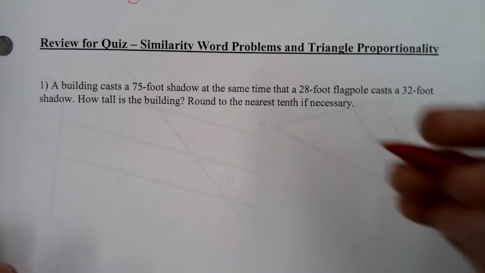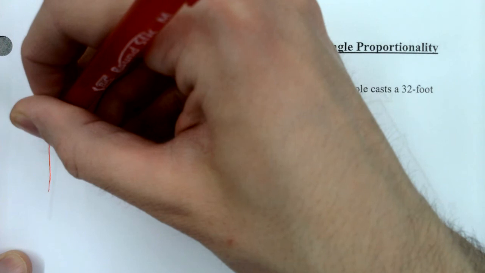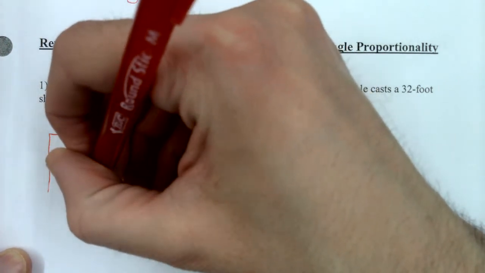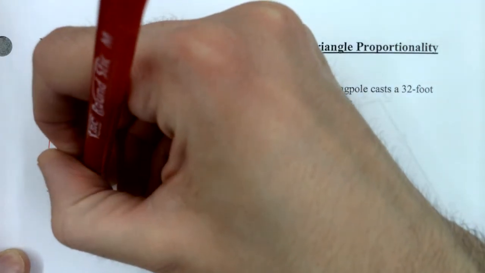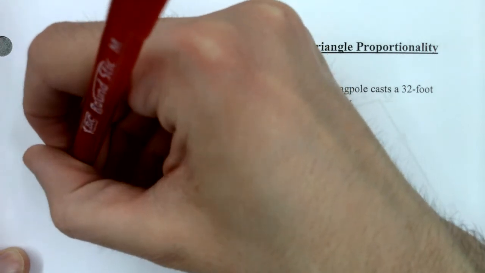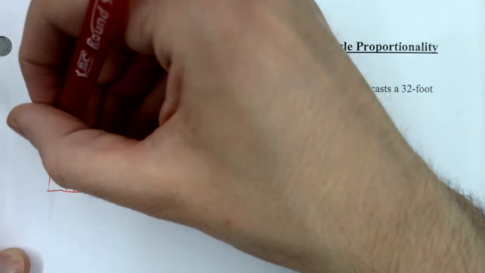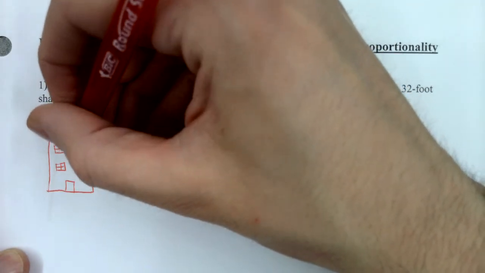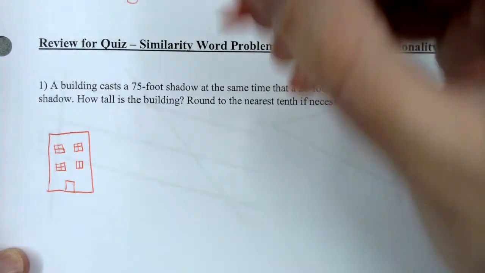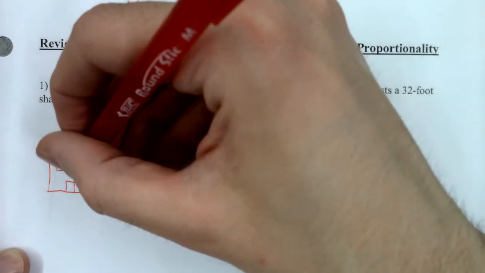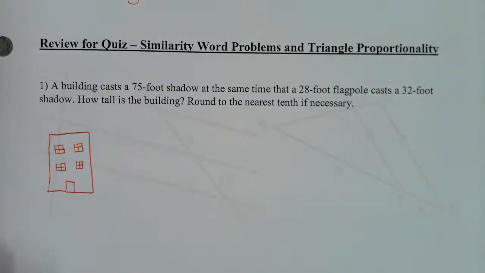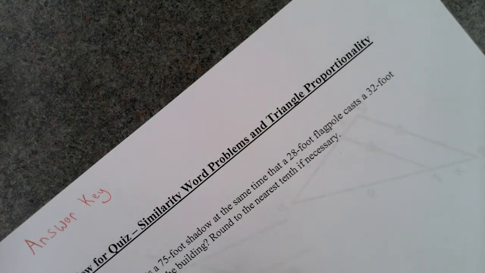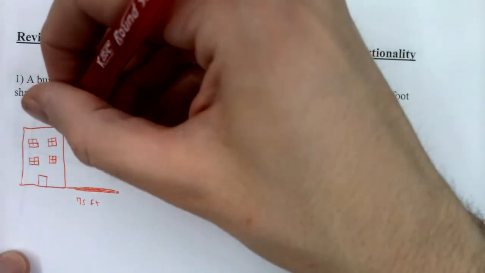So let's draw a building. That's the building. Door, windows, and the building casts a 75-foot shadow. A triangle right here.